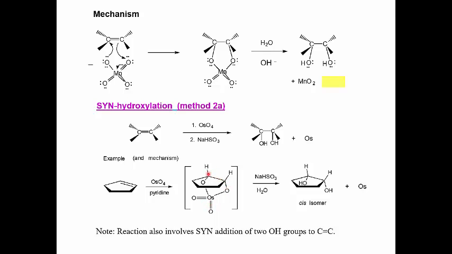It's called an osmate. The osmate is not isolated. It's treated with a reducing agent, NaHSO3, and results in, well, this.